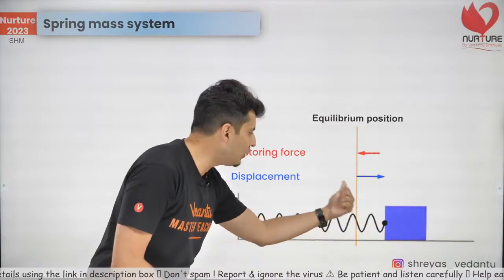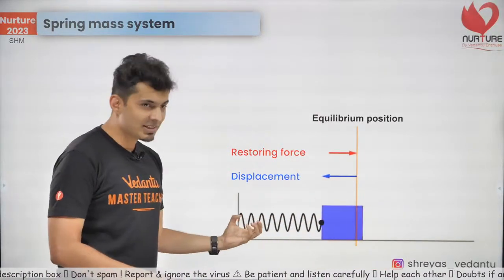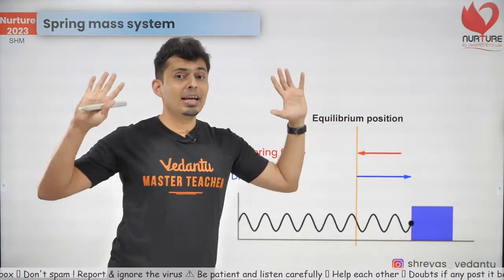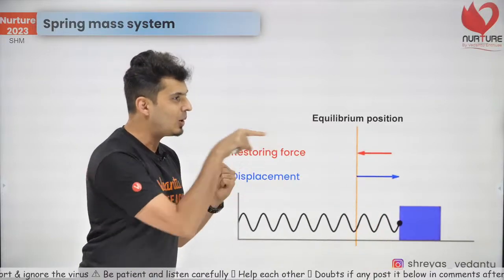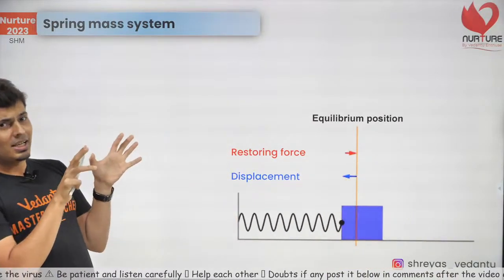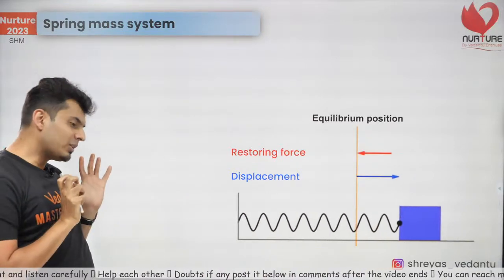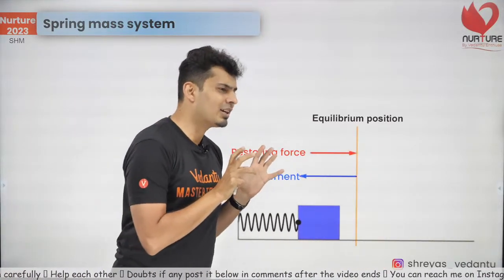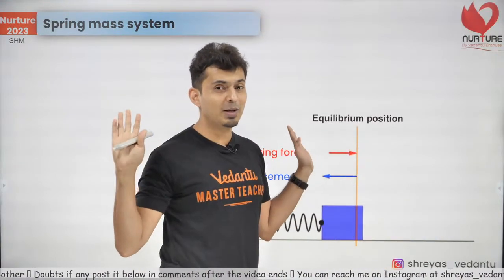And the moment it overshoots and compresses the spring, now the spring is like, hey, wait a minute, stop there. So it tries to apply the force in the opposite direction, it stops it, and by the time it stops, the spring has already got compressed. So now the spring again goes back to the mean position, it gains momentum, and the spring force vanishes.